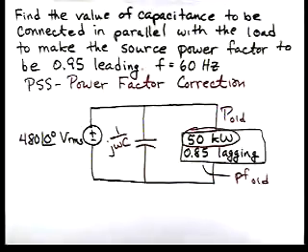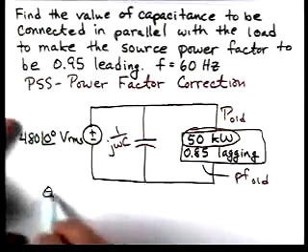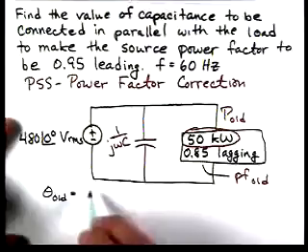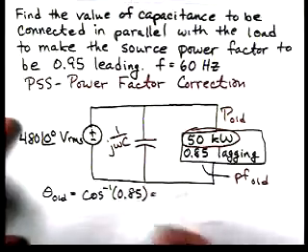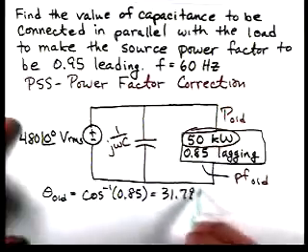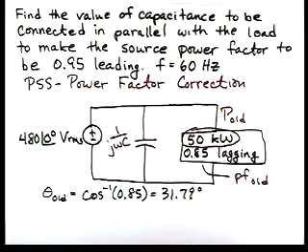Okay, now if we look at our problem solving strategy, it says find Q old. So if we start out, let's calculate theta old. Theta old is cosine inverse of 0.85, and it's 31.79, and it's positive because we've got a lagging power factor.